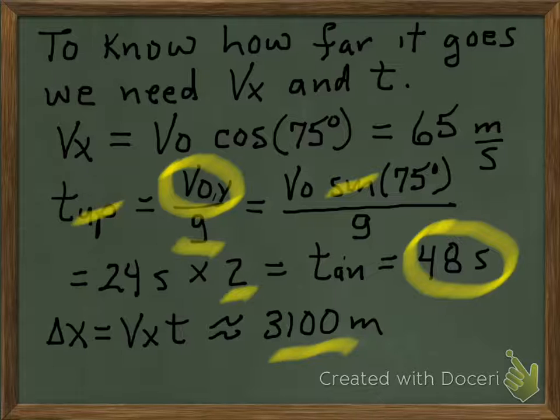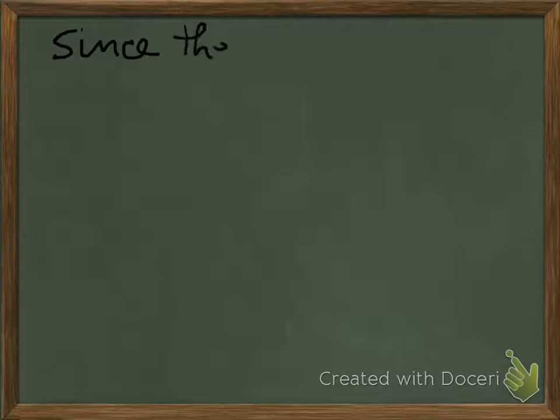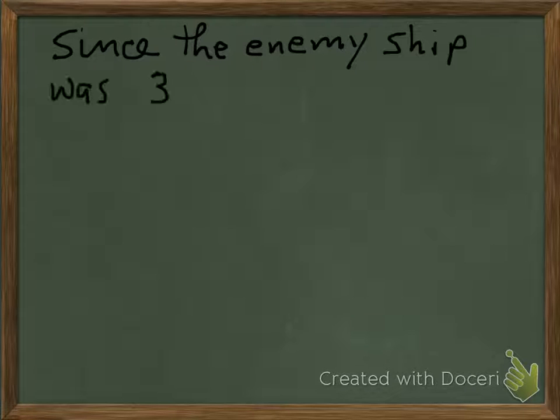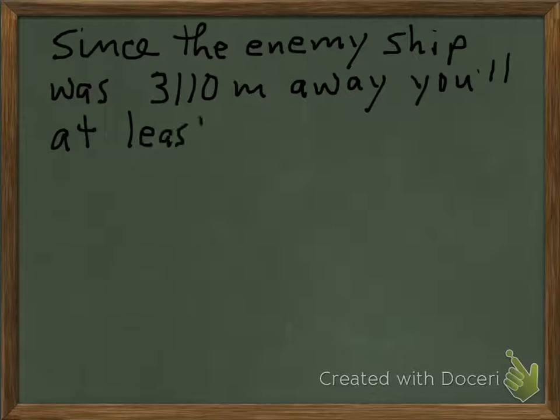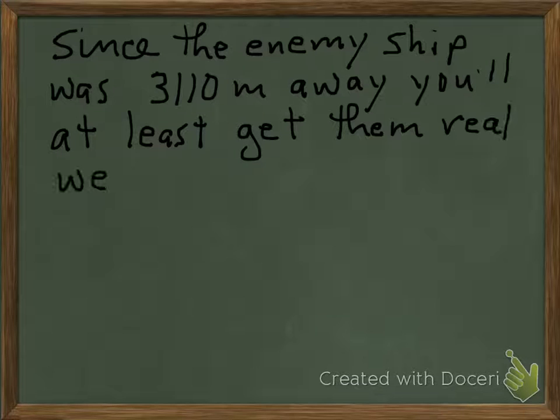Okay, we'll go with that for a while. So, initially they were 2,500 plus the 610. That gives you roughly 3,110. So you're within 10 meters based on the numbers that we used.